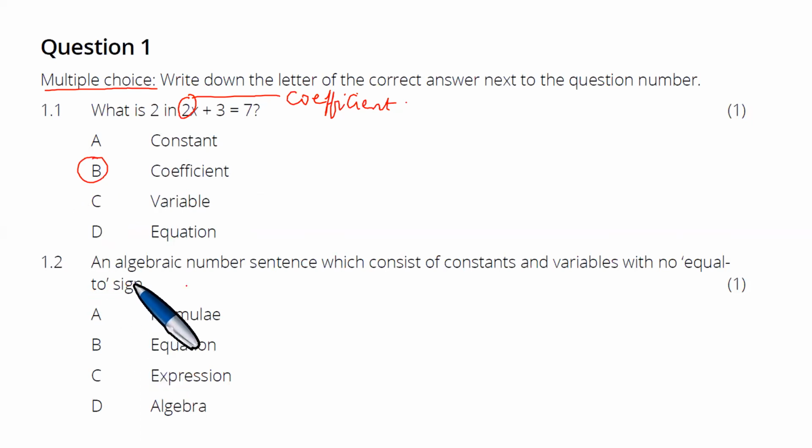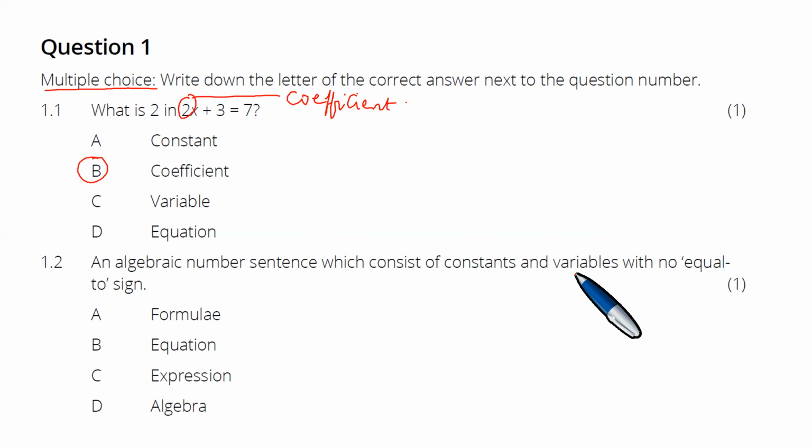Okay, 1.2, an algebraic number sentence which consists of constants and variables with no equal to sign. Your thoughts?